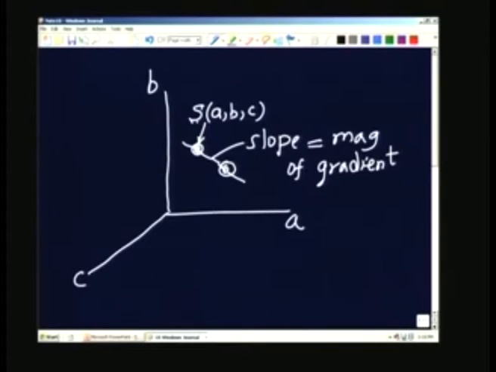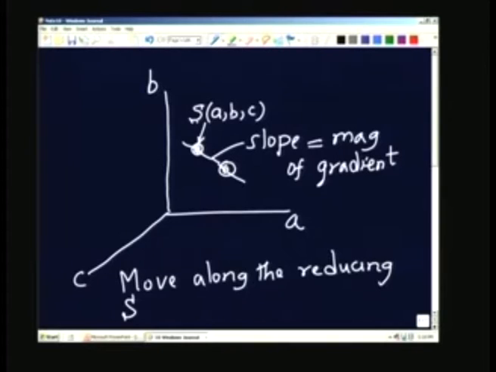We know that the gradient is the direction in which the maximum amount of change will take place, and what I will do is go in the direction of reducing value of S. So, we move along the reducing value of S, or in the direction opposite the gradient.